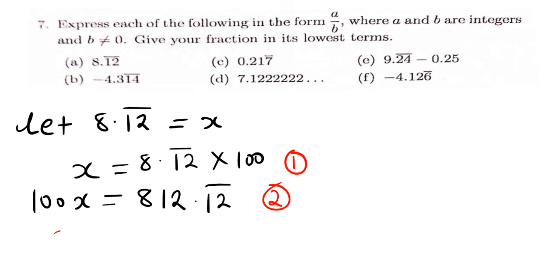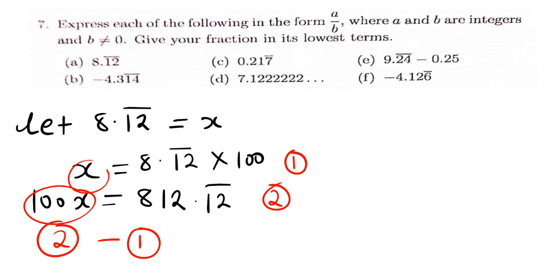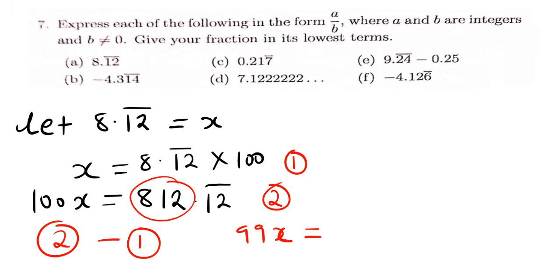Then I'm going to subtract equation number 2 minus equation number 1 and solve. If I subtract 100x minus x, I have 99x. On the other side, the repeating parts give us a 0. So from 812, I'm subtracting an 8.